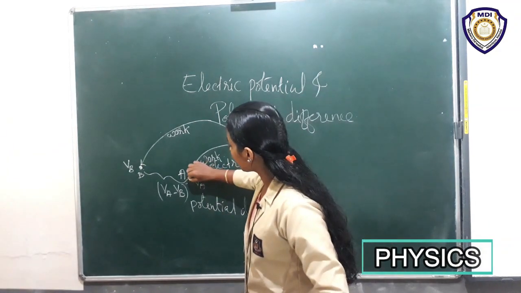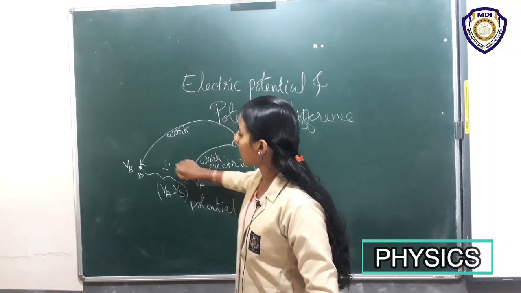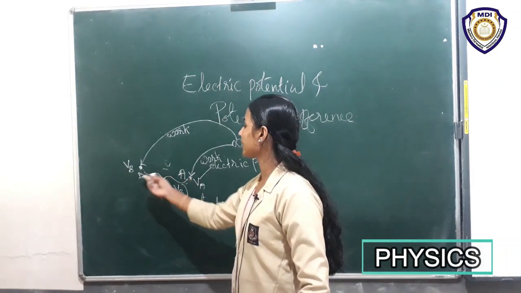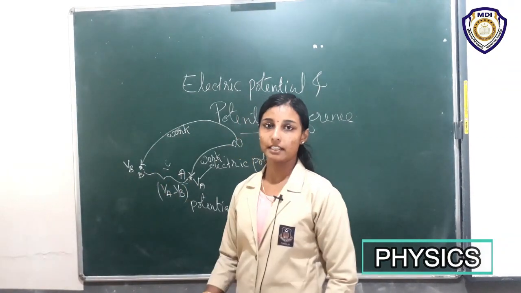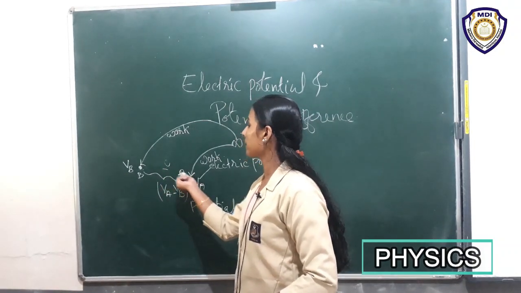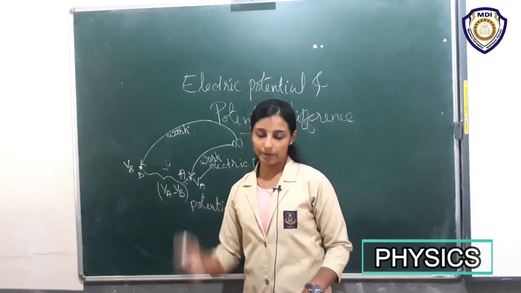So the work done to bring a unit charge from A to B, that is the potential difference between A and B.